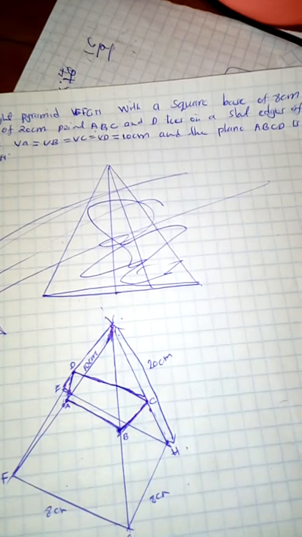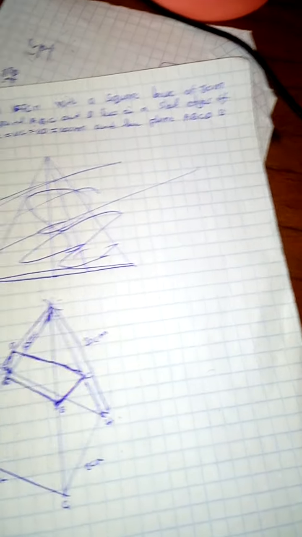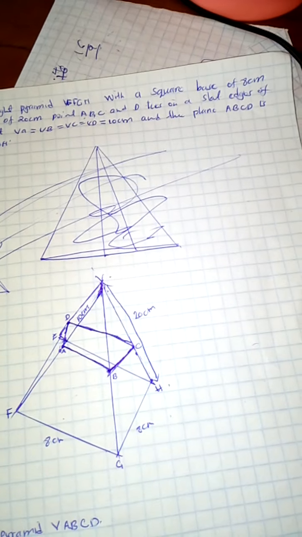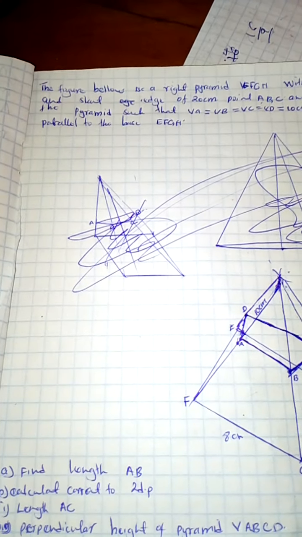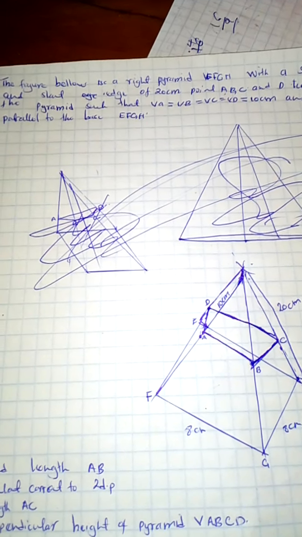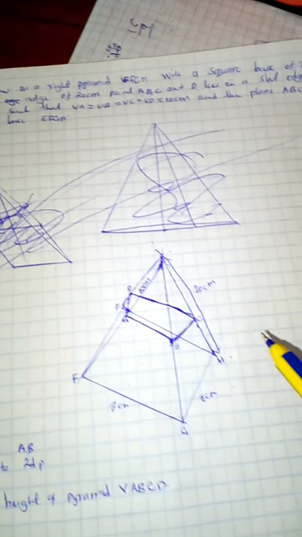The slant edge is parallel to a slant edge of the pyramid, such that VA is equal to VB, which is equal to VC, which is equal to VD.